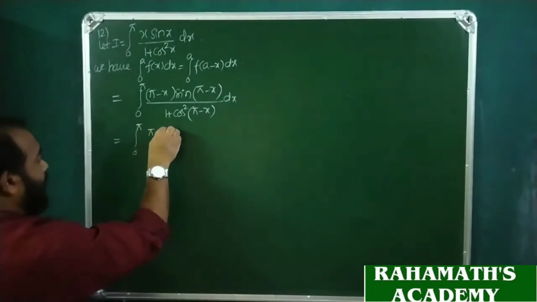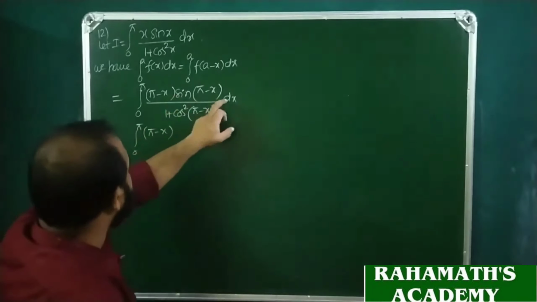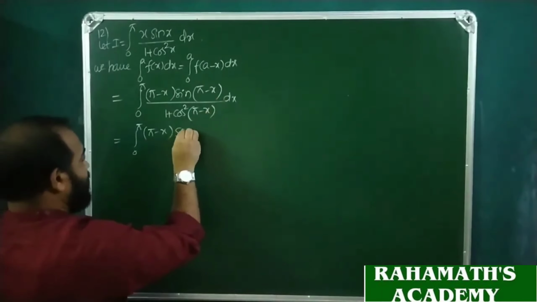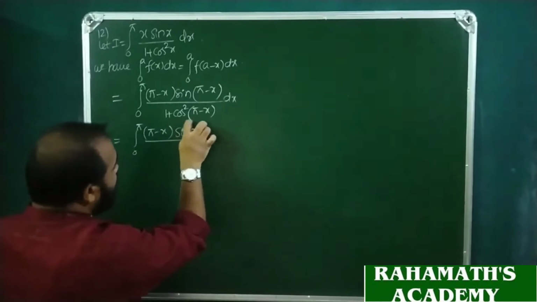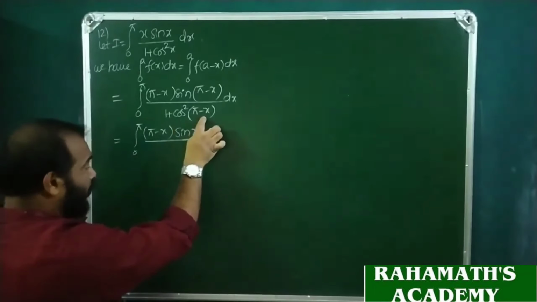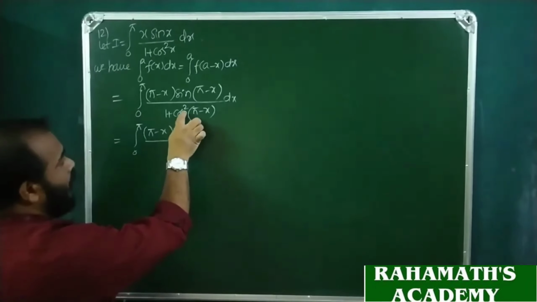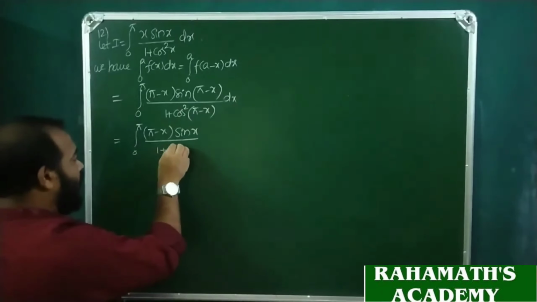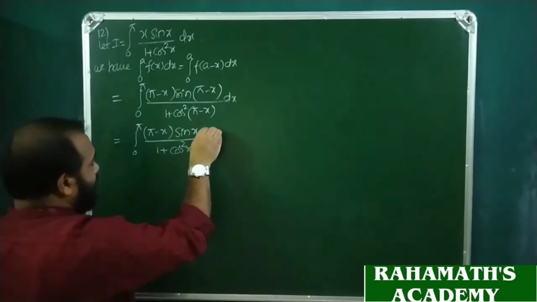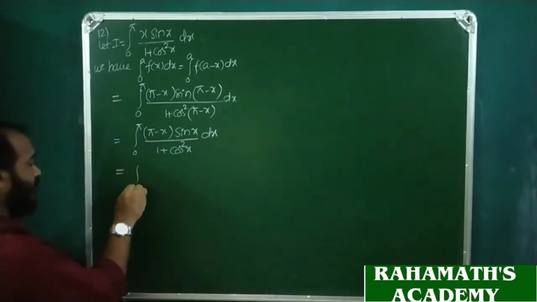Integral 0 to pi minus x sin 180 minus x is sin x by 1 plus cos 180 minus x is minus cos x. In the second quadrant cos is negative, but this whole square makes it positive. Therefore this is 1 plus cos square x dx.